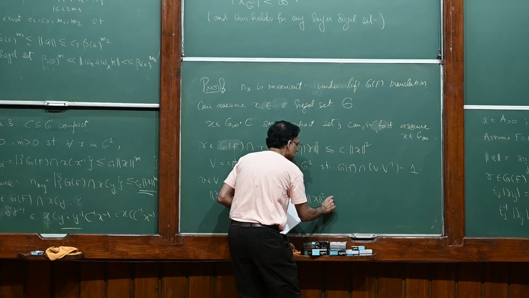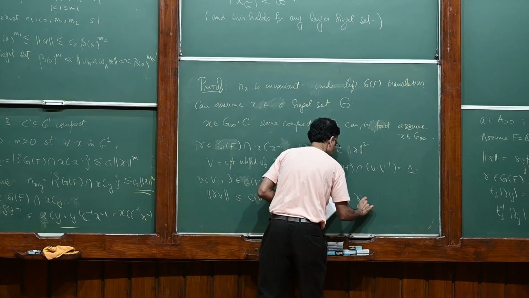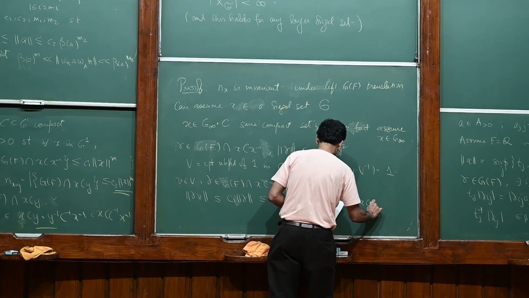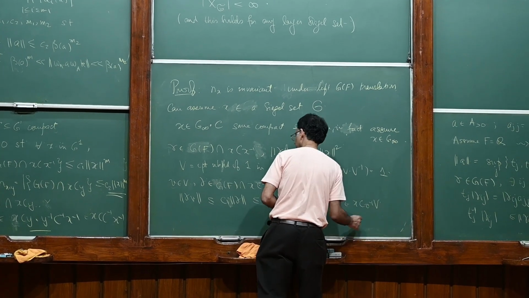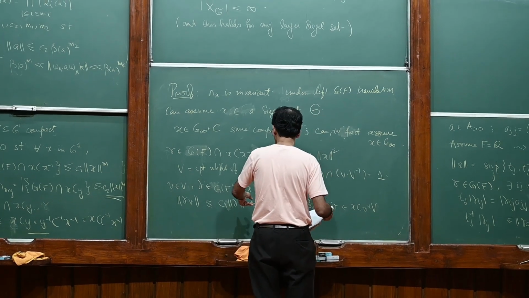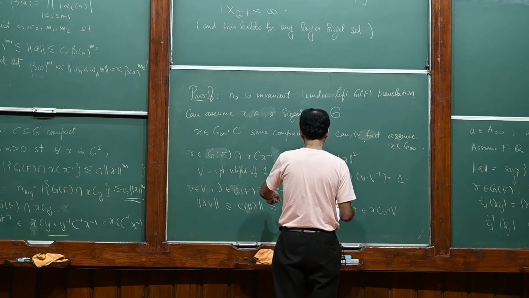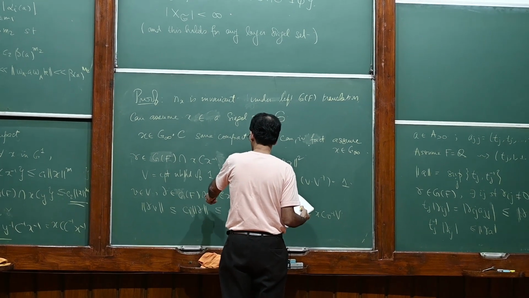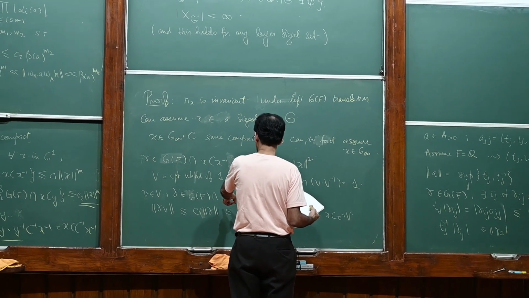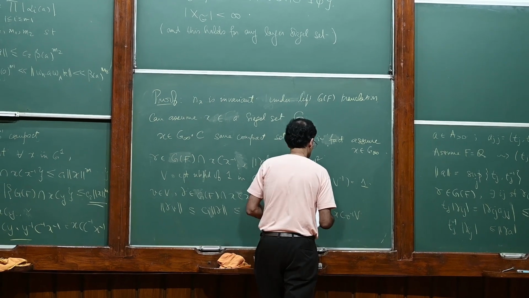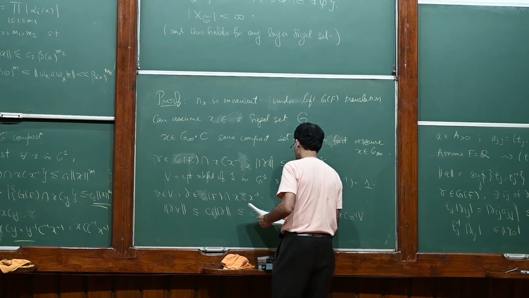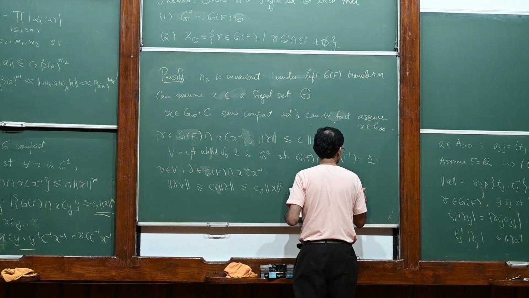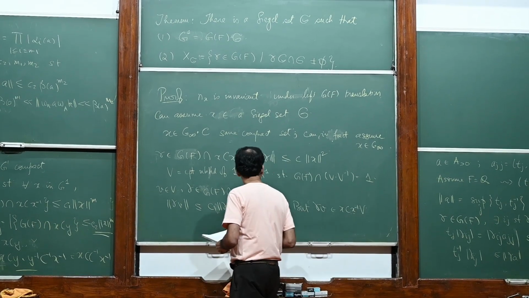But where is gamma v? It's in x C V inverse V, sorry, x inverse V. Alright?